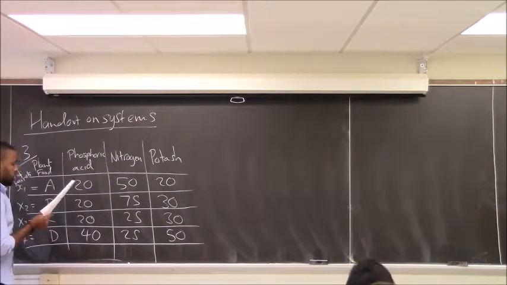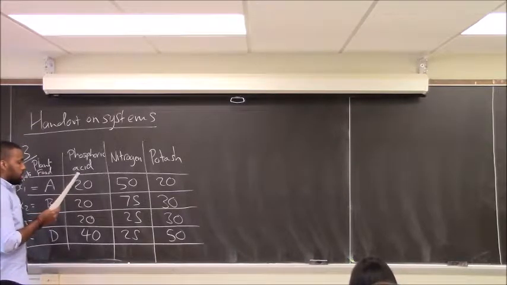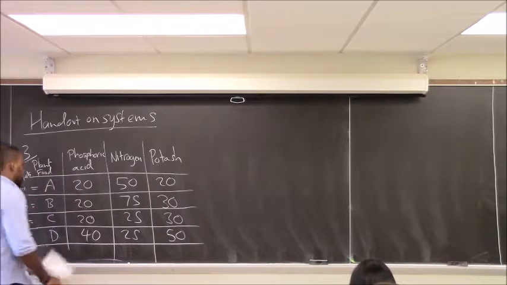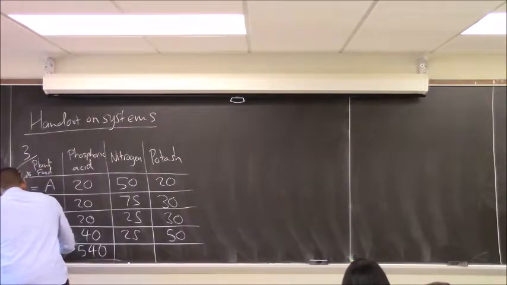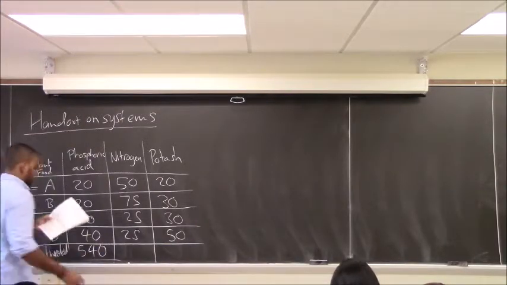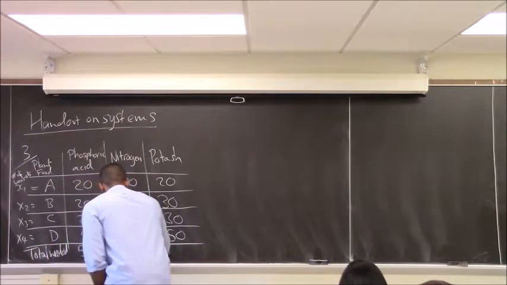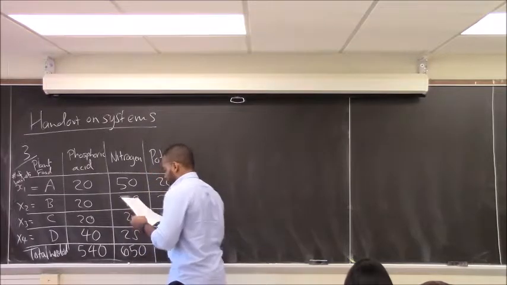kind of nutrient here. And soil tests indicate that a particular field needs 540 pounds of phosphoric acid. So 540, here's the total needed. 650 pounds of nitrogen, and 720 pounds of potash.